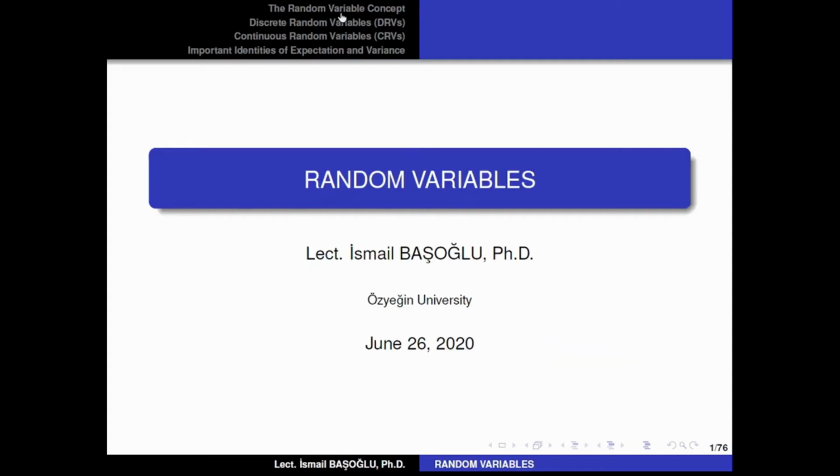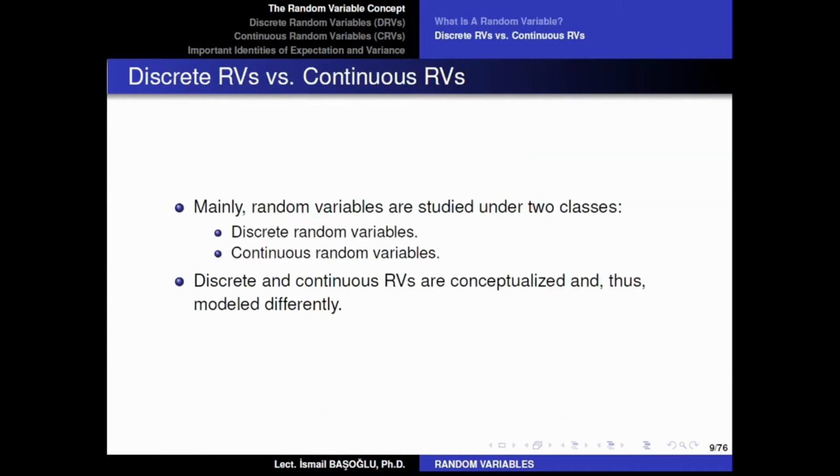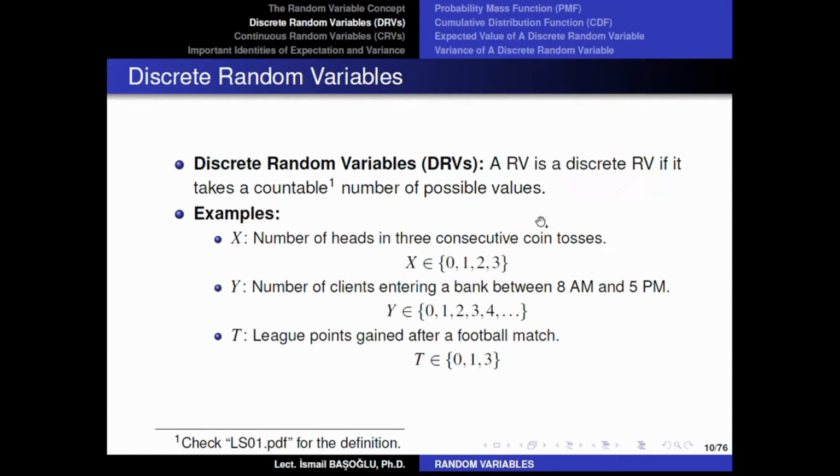We have mentioned that random variables can be classified into two classes, discrete and continuous random variables. Discrete random variables were the ones which can take a countable number of possible values. Now it is time for learning about continuous random variables.